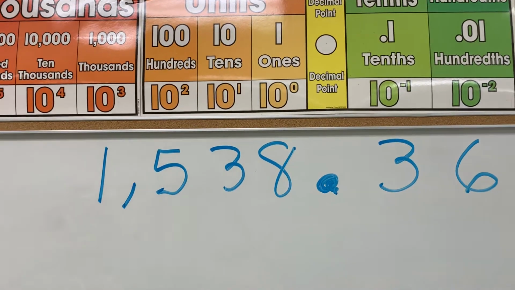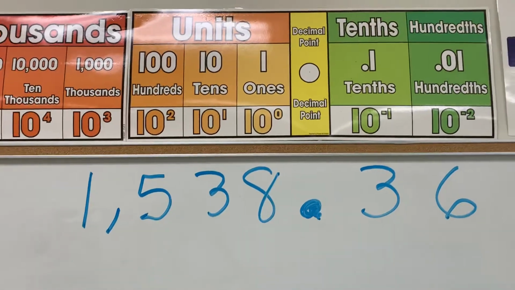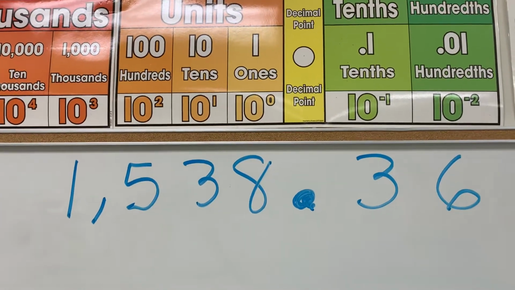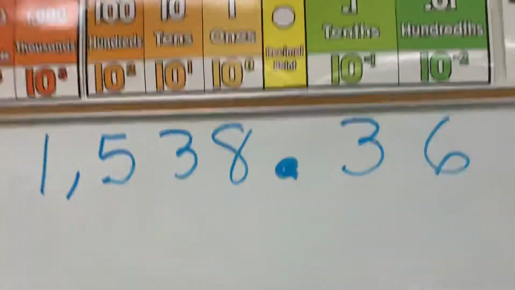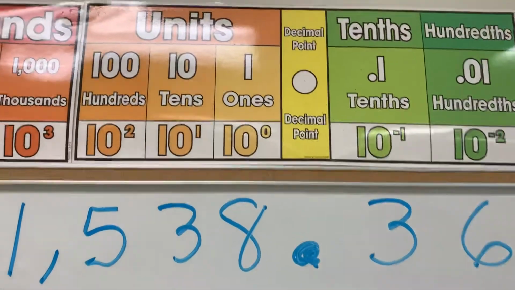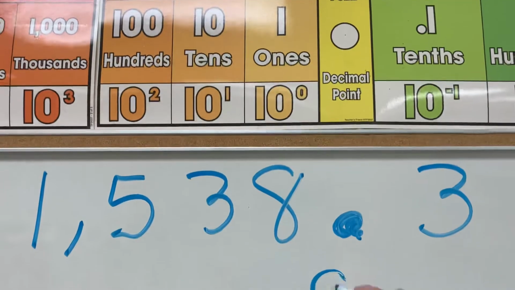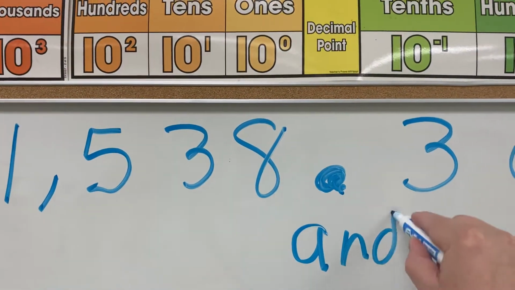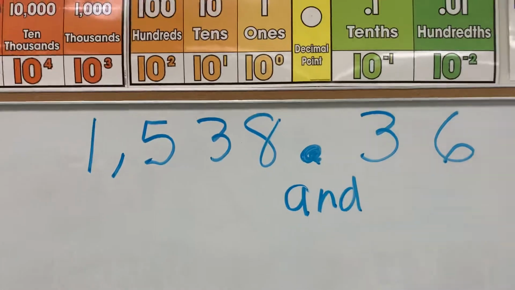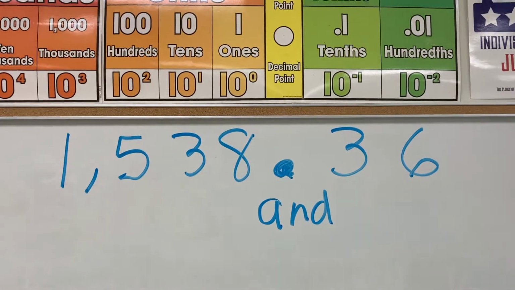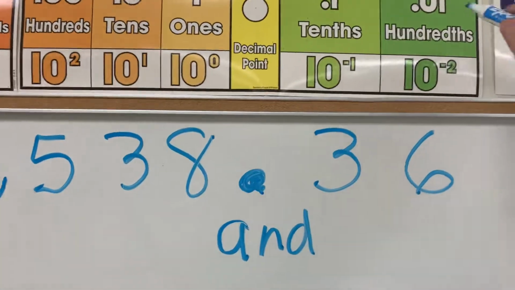So 1,538. Now, when you say the decimal point, you say and 36, and you call it hundredths.